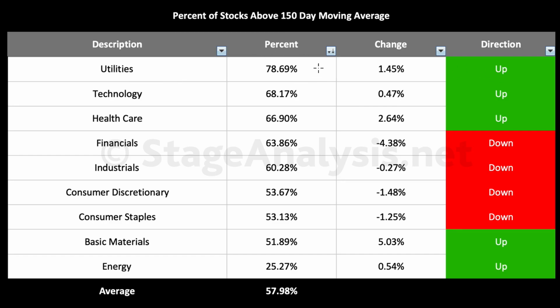It gained 1.45% this week, and it's at 78%. Whereas energy remains the weakest sector, with only 25% of stocks above their 150-day moving average, again moving up a tiny fraction this week. Technology is the second strongest sector, but otherwise the majority of sectors remain in the 50 to 70% range.